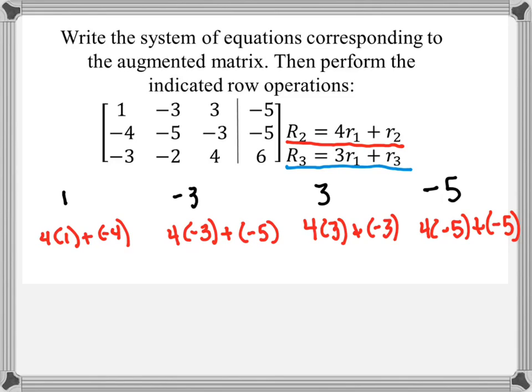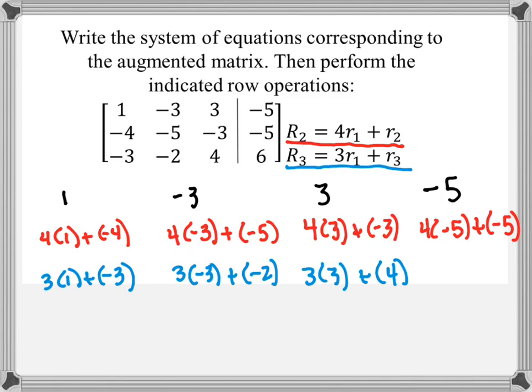And then we will look at our third row. This rule says our new third row equals 3 times row 1 plus our old row 3. So for the first column, 3 times 1 plus negative 3. Second column is 3 times negative 3 plus negative 2. For our third column, 3 times 3 plus 4. And for our fourth column, 3 times negative 5 plus 6.